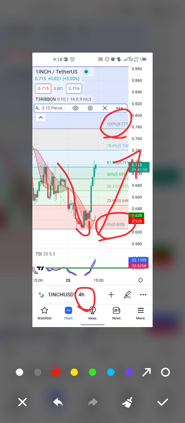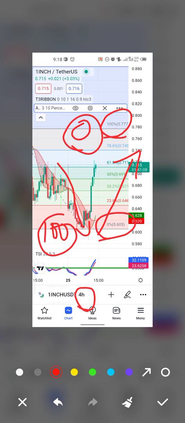If you find it the other way, with 0 here and 100 here, it means the previous trend was an upward trend. Now we are having a downward trend, and this is the time you need to be very happy. If you come on the 4 hours time frame and find 0 on top and 100 on the bottom, you need to be very happy.